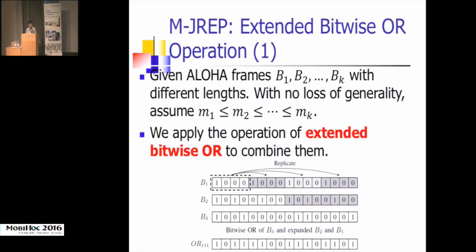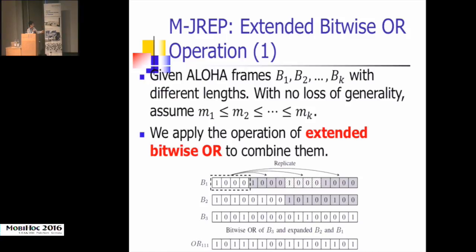Now, if we are given k Aloha frames or bitmaps with different lengths, we denote them by B1, B2, and BK. Without loss of generality, we assume the length of B1, M1, is smaller or equal to M2, and so on. For these k bitmaps, we can apply the operation of extended bitwise OR to combine them.